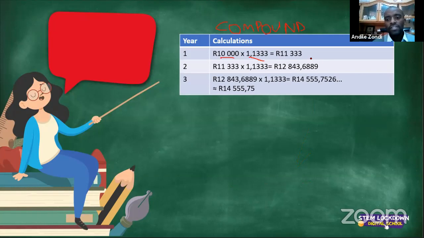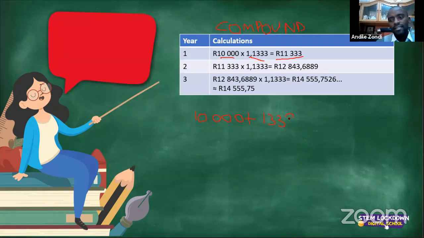So for the first year, this can also be written as 10,000 plus the interest for the first year, which is 1,333.